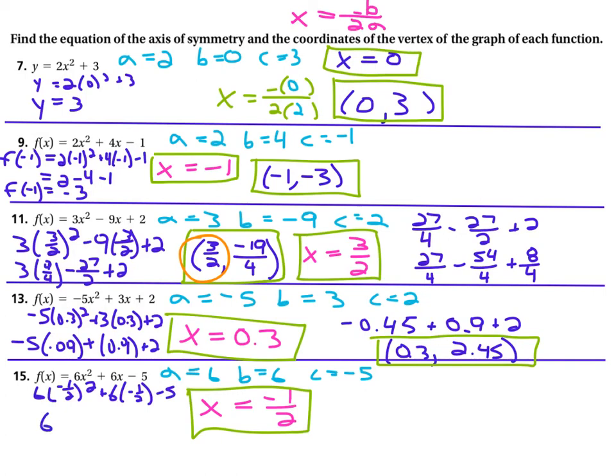So that's the same as 6 times 1/4 plus 6 times negative 1/2 minus 5. 6/4 reduces down to 3/2, so we've got, working over here on the side on the right, 3/2, and 6 times negative 1/2 is minus 3, then minus 5.